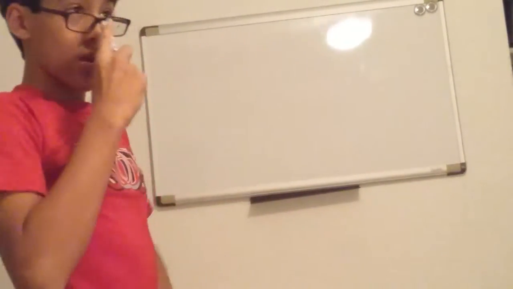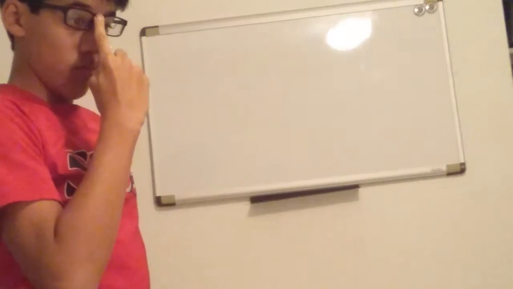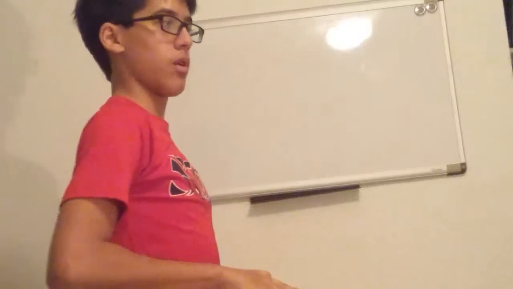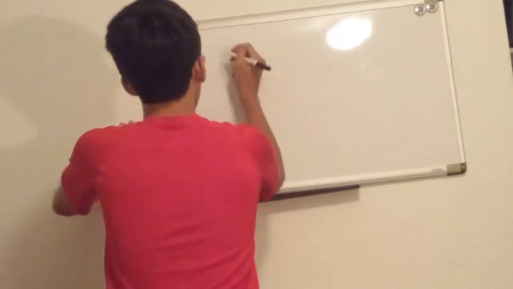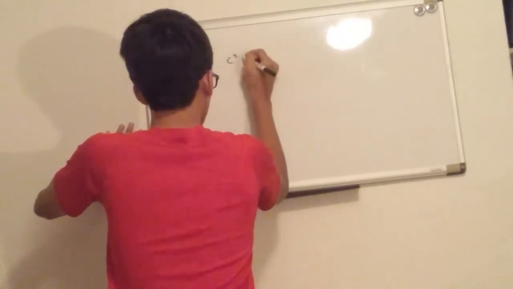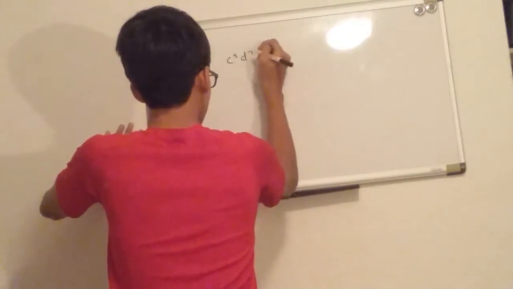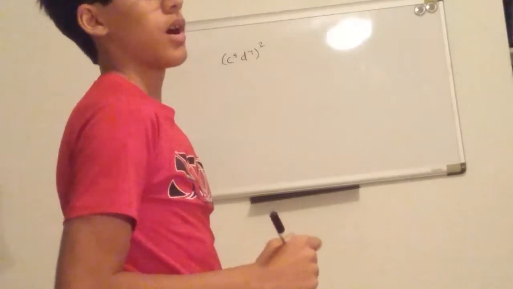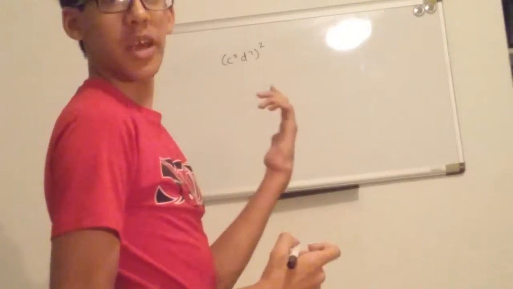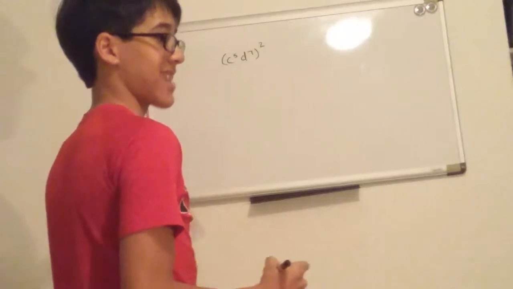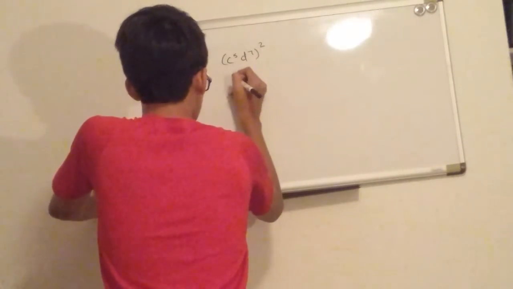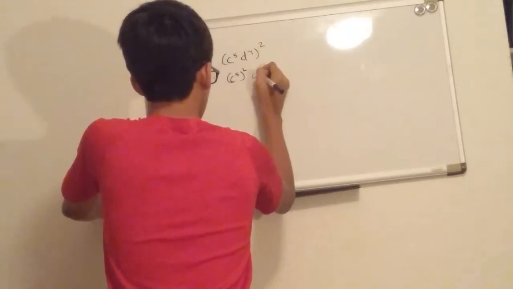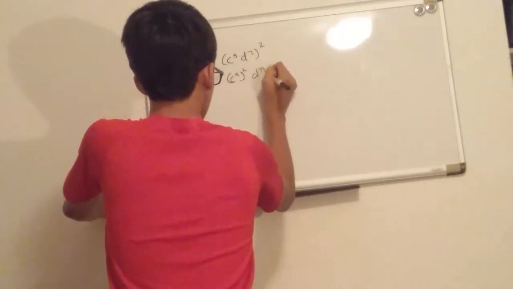I'm not one of those people that's going to leave you hanging, so let me do one more. Let me do a complicated one: c to the 5, d to the 7, to the second power. Now, I just thought of this off the top of my head. I don't even think I'm going to get it right, but let's see. c to the 5 squared and d to the 7 squared.